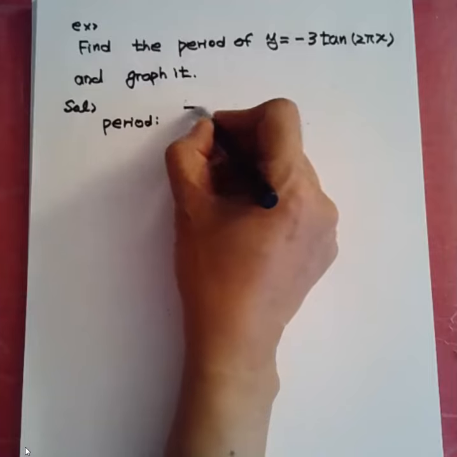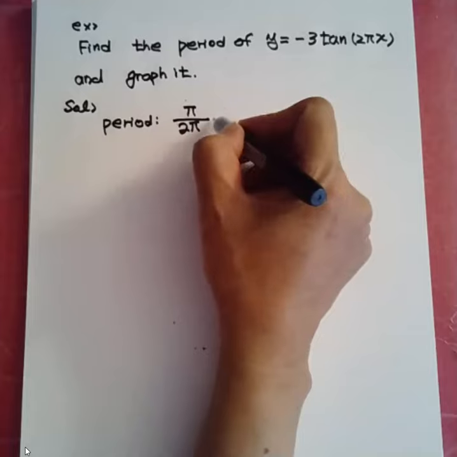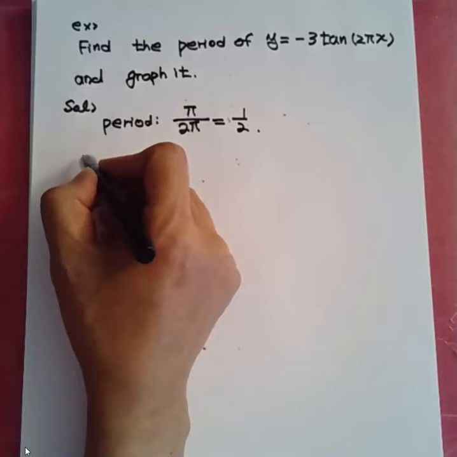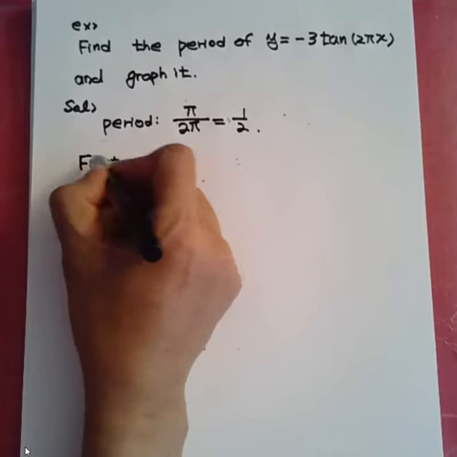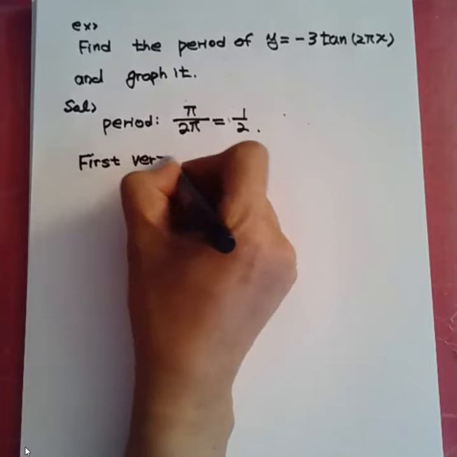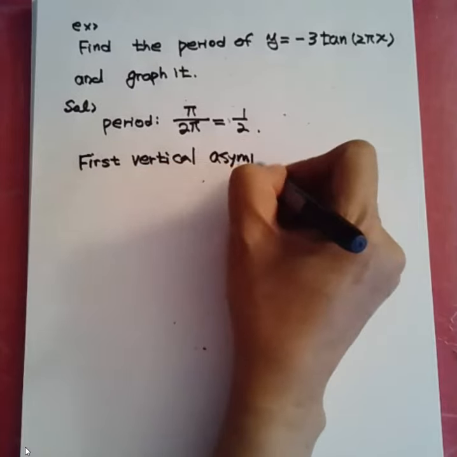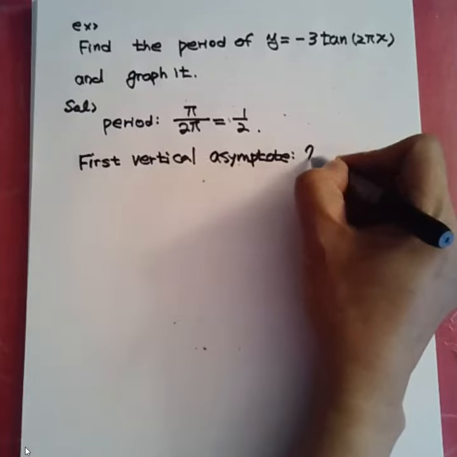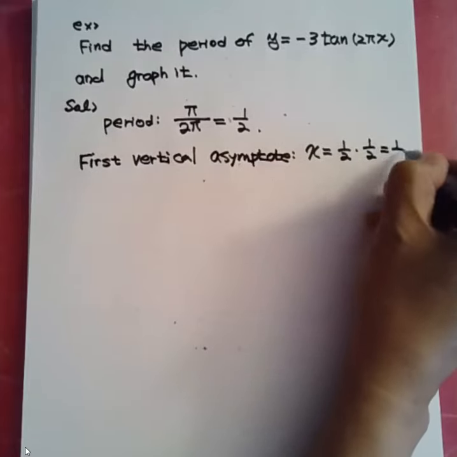Period formula was pi over the number in front of x, 2 pi, which is 1 over 2. Then we will figure out what the first vertical asymptote is. That is x equals half of the period, which is 1/4.